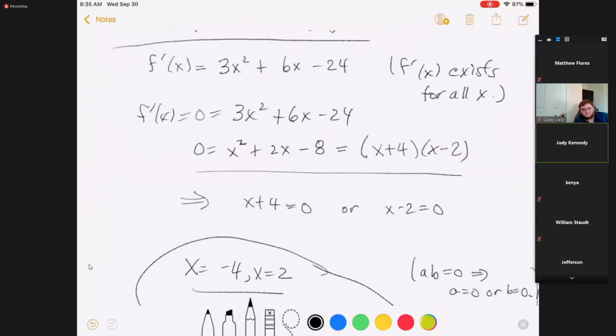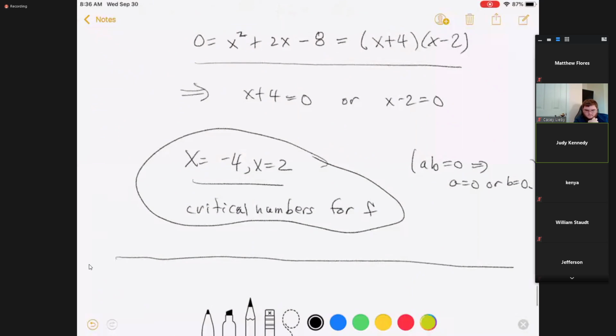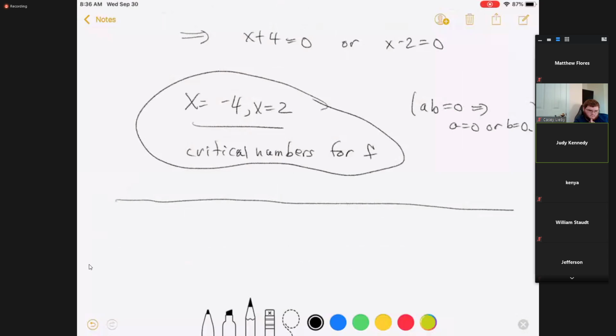Probably make some of you dizzy when I go through my pages too fast. Let's look at this function, G of t. Okay, so this is another problem.